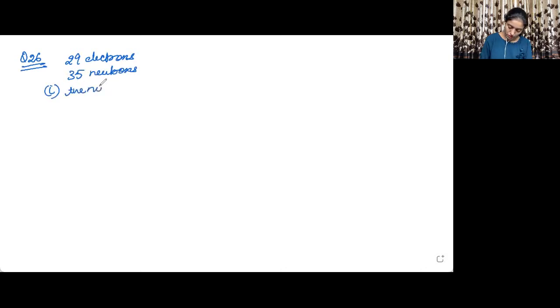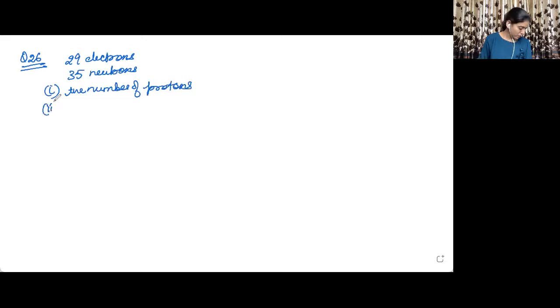So the question number 26 is, an atom of an element contains 29 electrons. Okay, so there are 29 electrons in an atom of an element, and there are 35 neutrons. All right, we need to find out, number one is the number of protons.